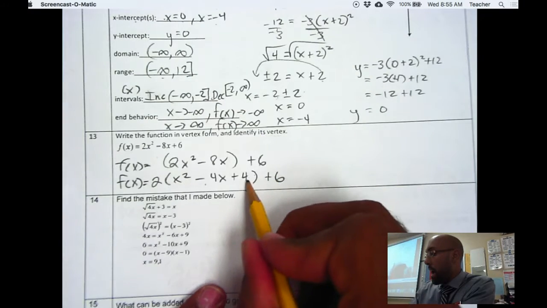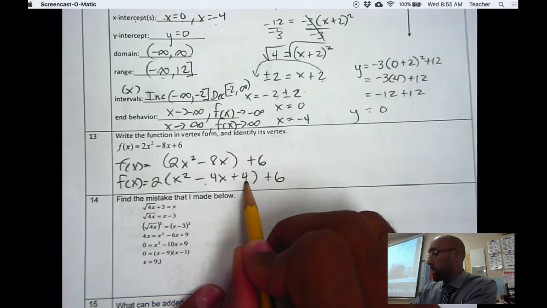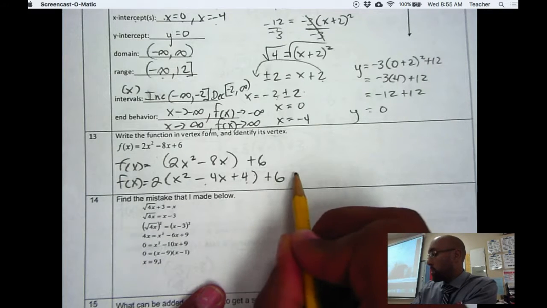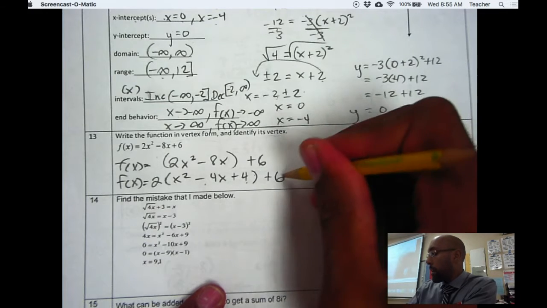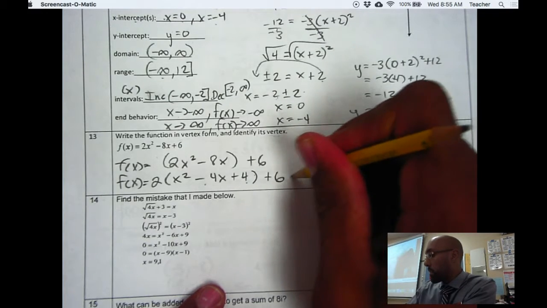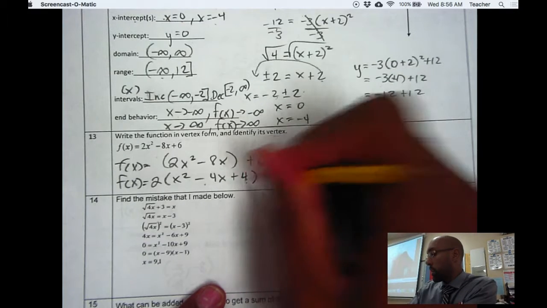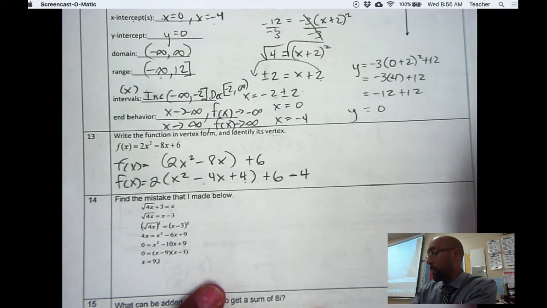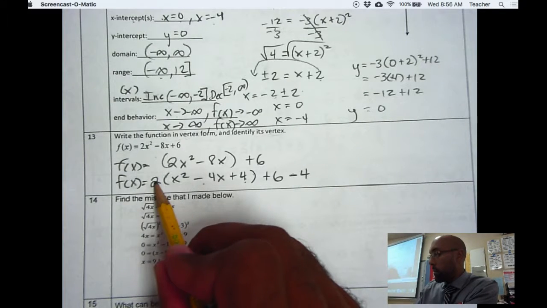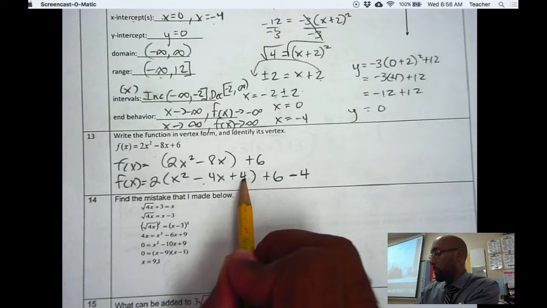I can't just add 4 to this side and have it still be balanced. So what I have to do is add another number out here. In order for this to be balanced and to equal the same, it had to be negative whatever went in there. But it's not negative 4, because when I multiply this out and I do 2 times 4, that's actually going to be 8.